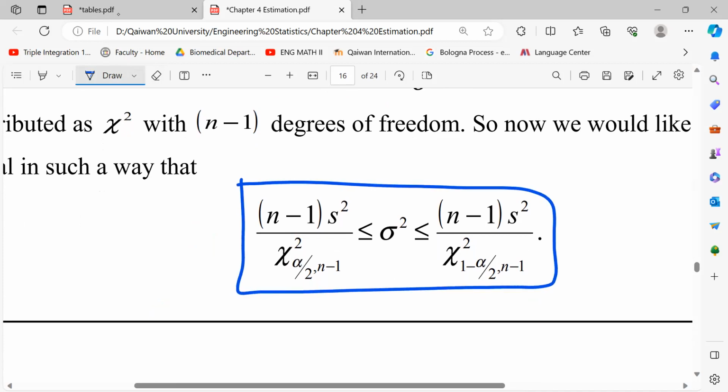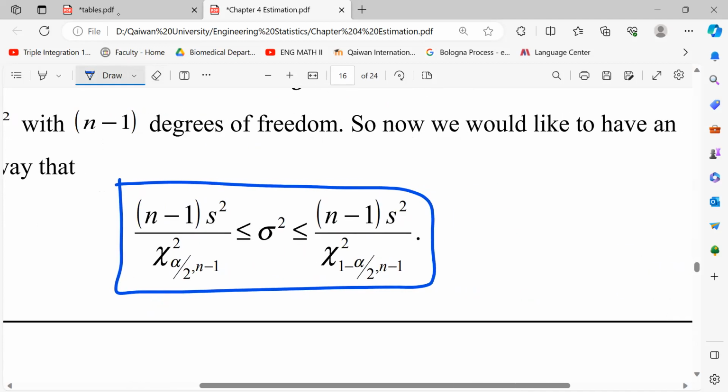Before we start to solve a question, let me tell you how to work with the chi-square table. Let's say you have alpha over 2, and let alpha be 0.1.